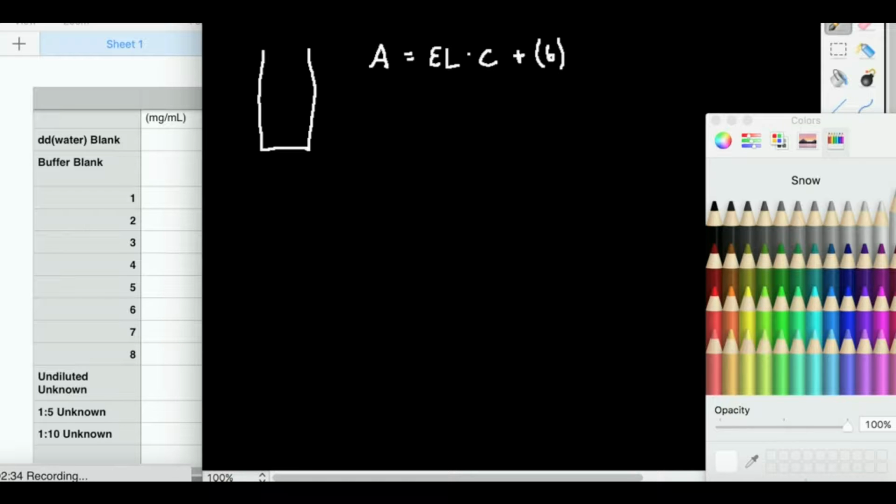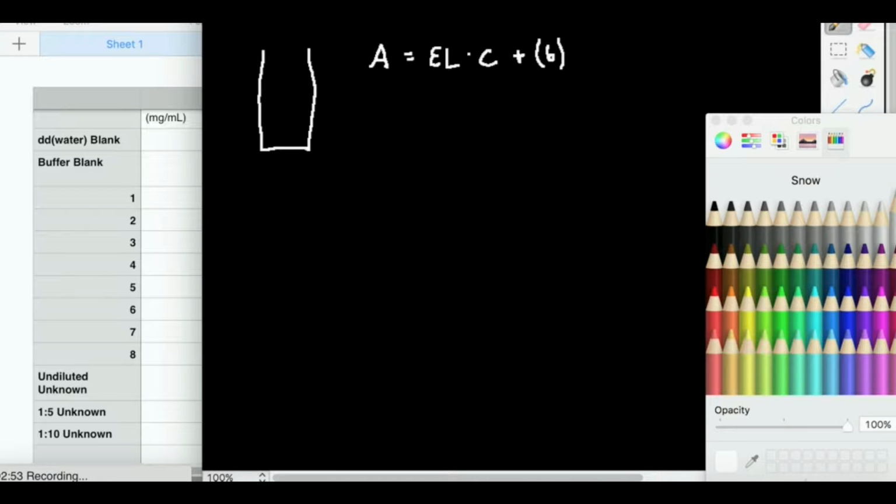In most cases, you have a small y-intercept. In theory, you shouldn't, because at zero concentration there should be zero absorbance. But in reality, there usually is a very small contribution from the y-intercept. But this is basically the Beer-Lambert law, or sometimes shortened to Beer's law.